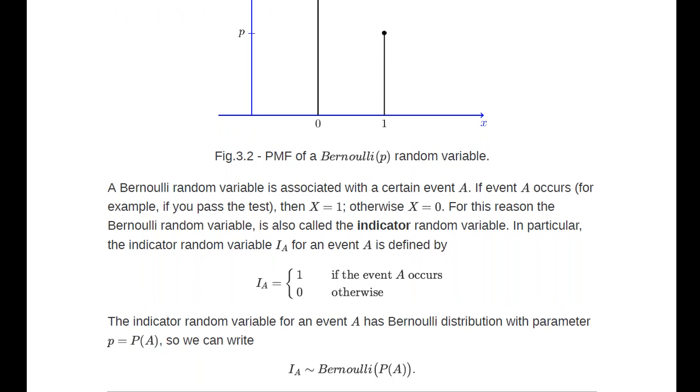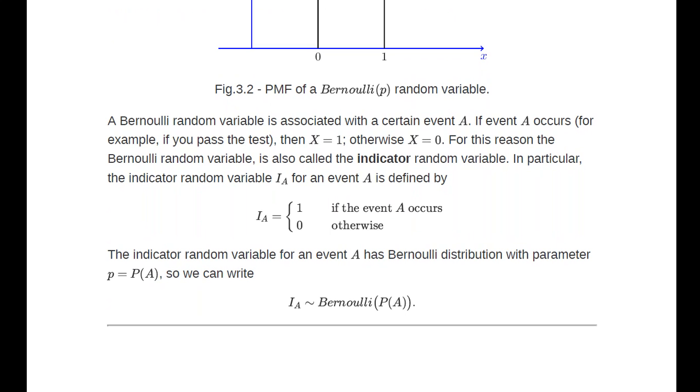In particular, the indicator random variable I_A for an event A is defined by I_A = 1 if the event A occurs, 0 otherwise. The indicator random variable for an event A has Bernoulli distribution with parameter p = P(A), so we can write I_A ~ Bernoulli(P(A)).